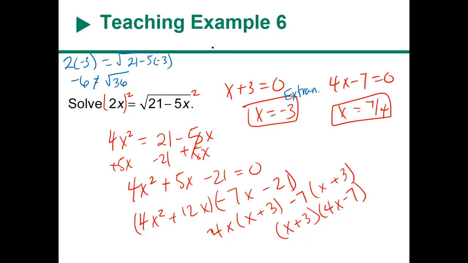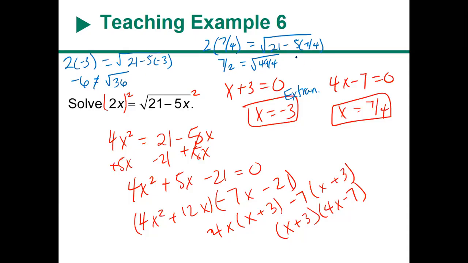All right, so I checked the last one. So we have 2 times 7/4 equals the square root of 21 minus 5 times 7/4. That gives me 14 divided by 4 is 7/2. This gives me 35 over 4 and 21 minus 35 over 4 is 49 over 4.